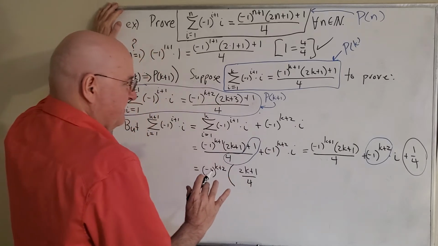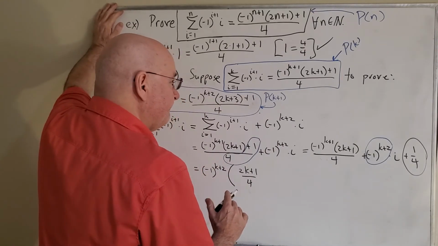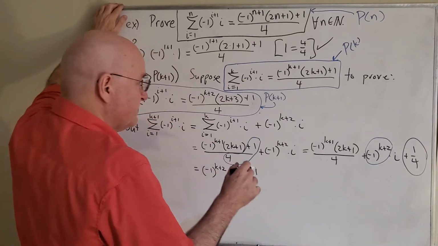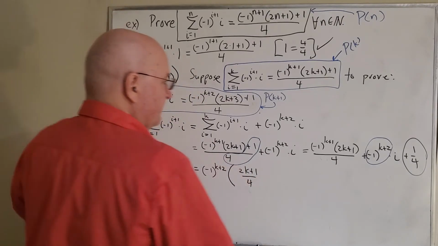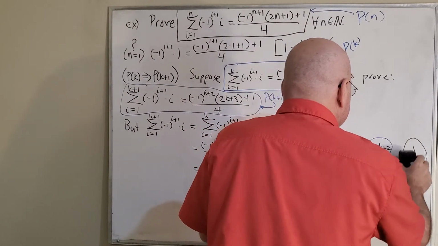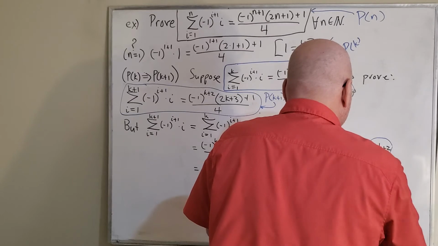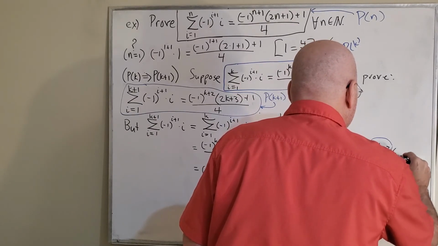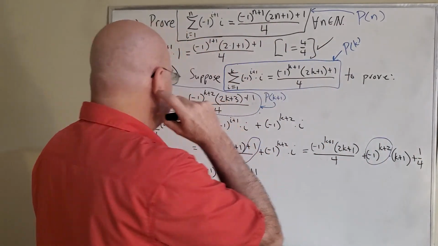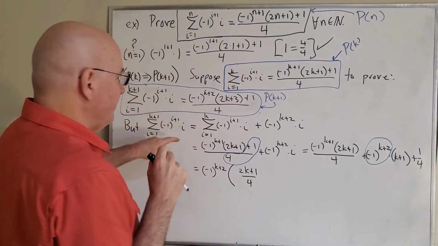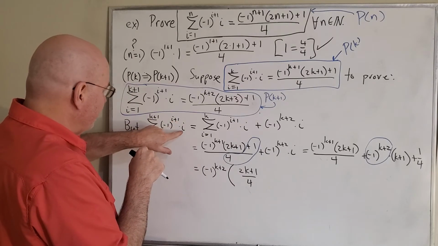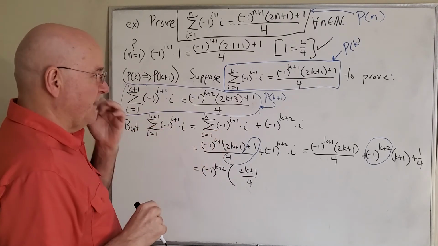I'm not done yet. Plus, this I is k plus 1, sorry. On that k plus first term, I changed this I into k plus 1 plus 1, and then this I needed to become k plus 1.